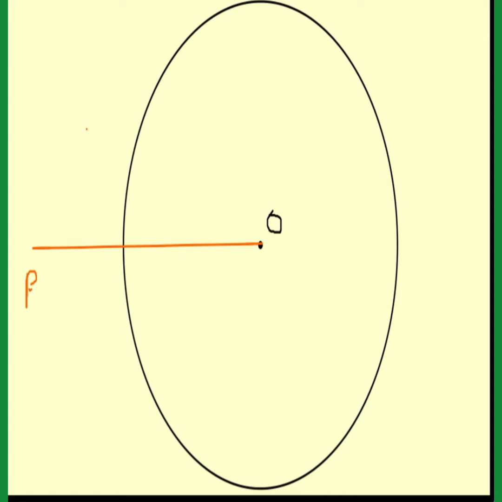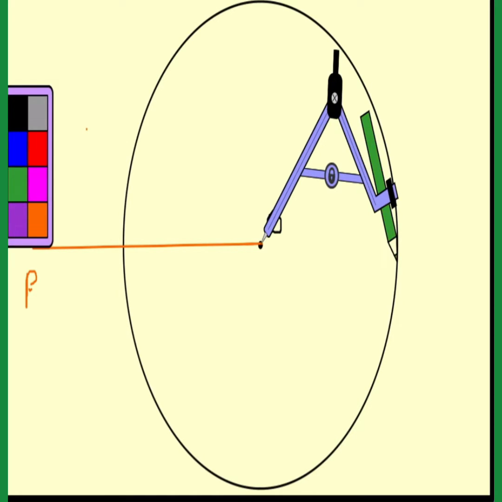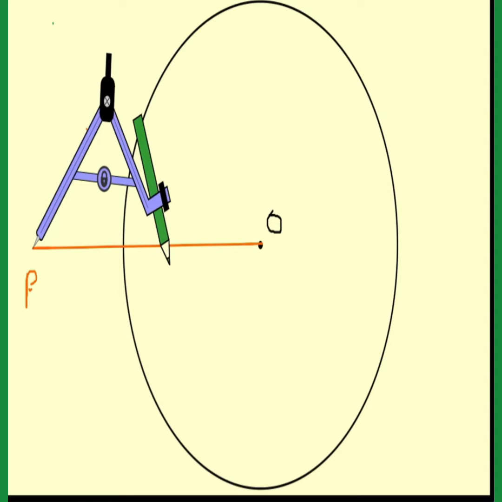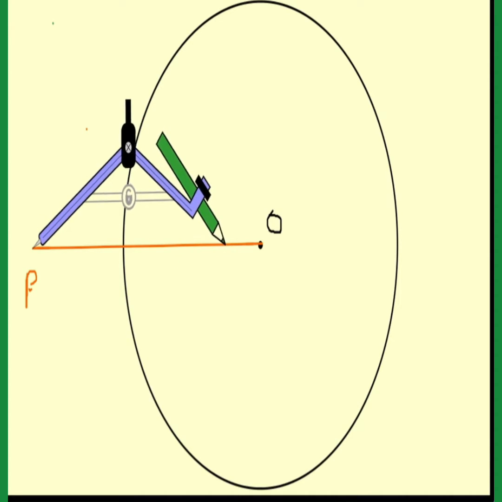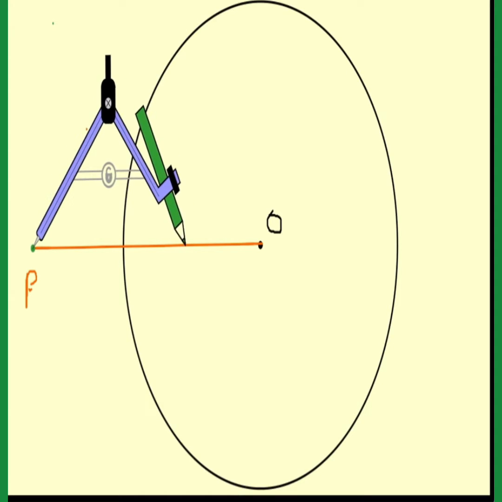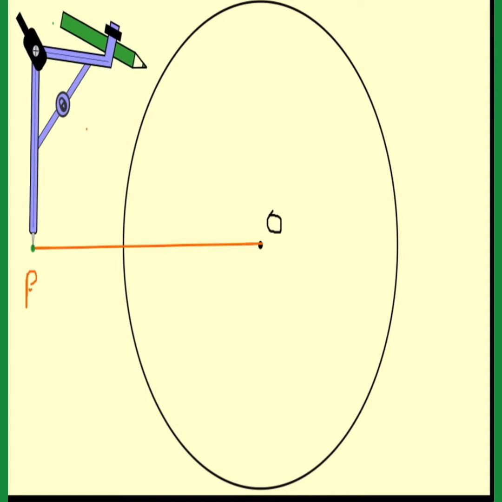Again, we will take your compass and take more than half distance of OP. You will take about the full distance, and then reduce it a little, so this distance is more than half distance. Now placing the pointer at P, you will draw two arcs as you see. This distance is more than half distance of OP.